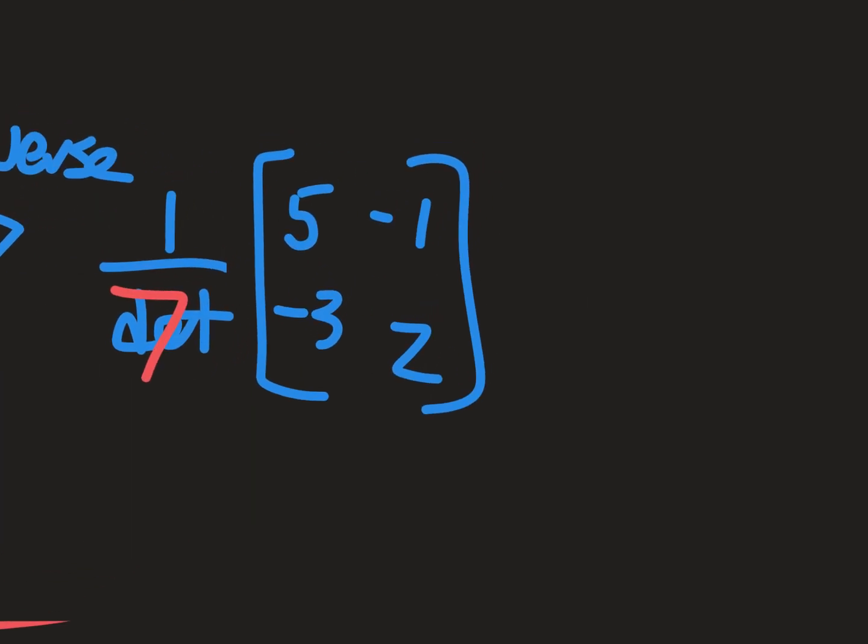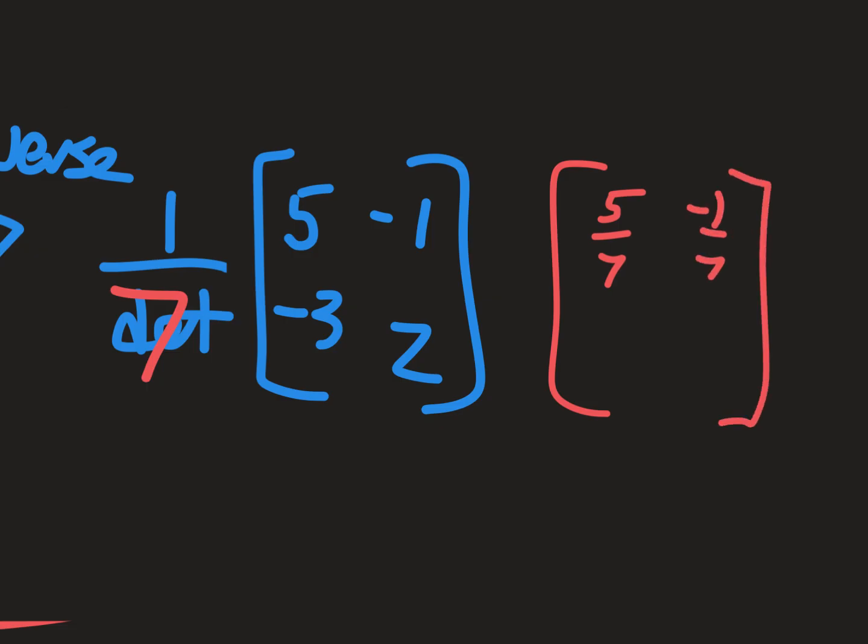And it would be 1/7 times the 5 makes 5/7. 1/7 times the negative 1 would make negative 1/7. And negative 3/7 and 2/7. There we go. Those are actually pretty complicated answers, and yet you did it in your head. How many of you feel confident that you could do that on the test? Okay, good. So that's 2 topics, determinant and inverse.